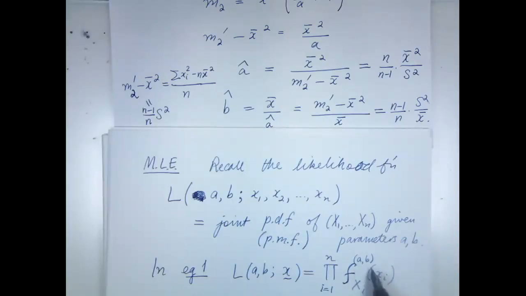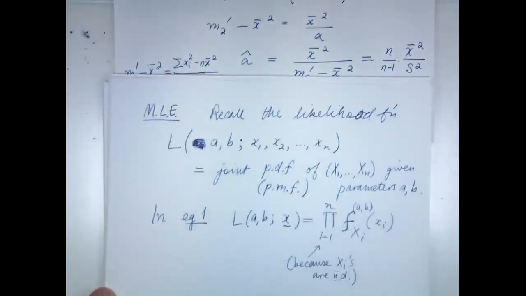It does depend on the parameters, so I've just put the dependence there. So that is the product i equals 1 to n. Now I have to recall our gamma density is xi to the power a minus 1, e to the minus b xi, divided by gamma of a, b to the power a.